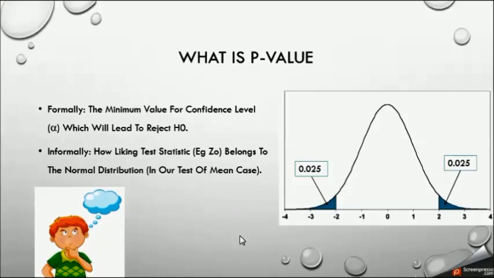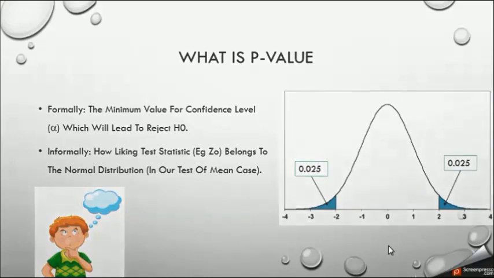But informally, and to make this more clear, the p-value is a value to represent how close the sample mean is to the population mean, or how likely that statistic did not belong to the standard normal distribution. In our case, we are examining the mean value.